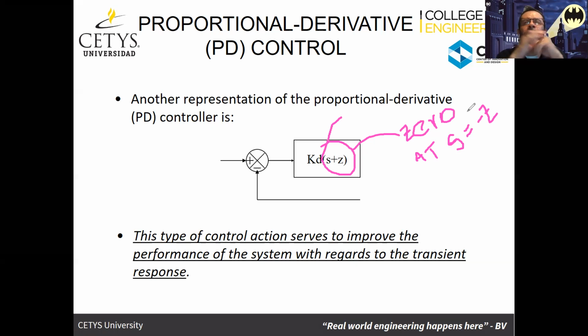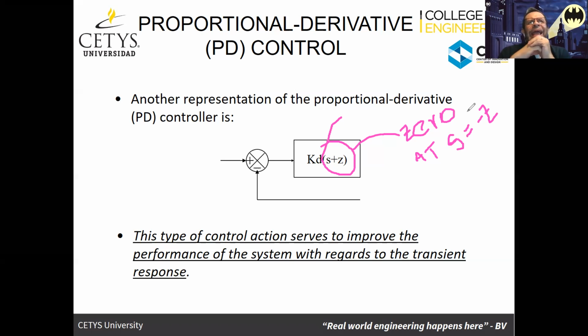Now you're saying, well, wait a minute. We've been talking a lot about poles. And we know that the poles define the behavior of the system. We also know that the poles define stability. So what use is there to add a 0?